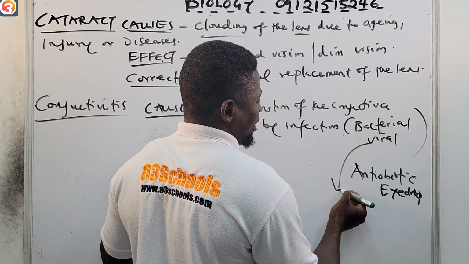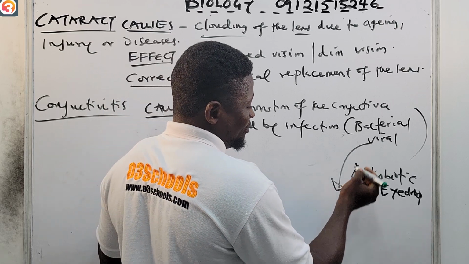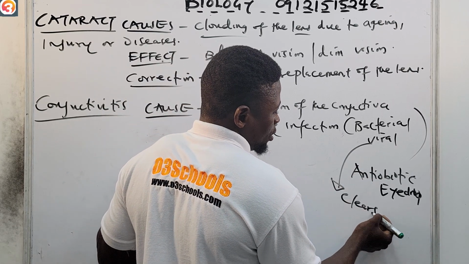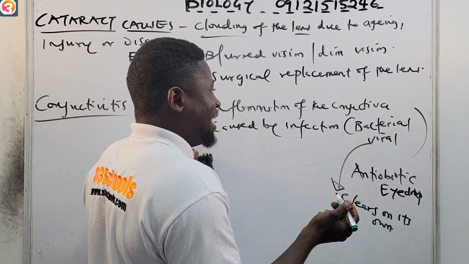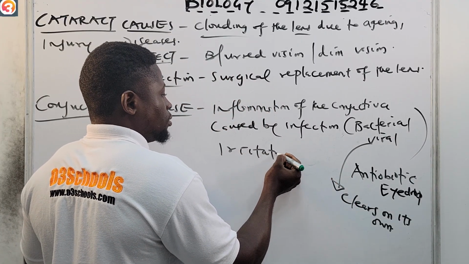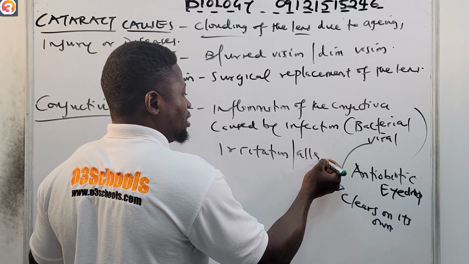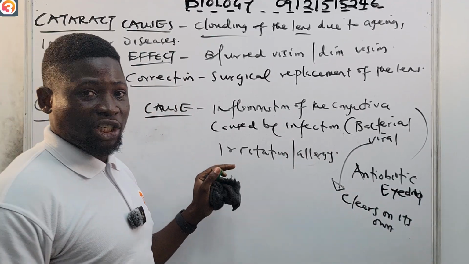If it's viral, it clears on its own. It can also be caused by irritation or allergy. Take note of that. So conjunctivitis can also be caused by irritation or allergy.